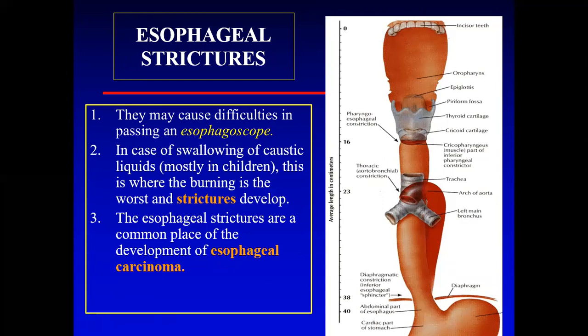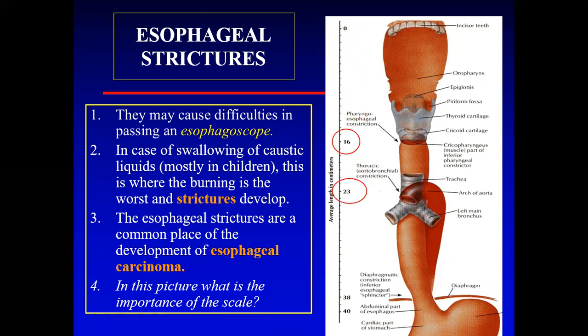That's why it is a sunnah to sit and drink water, and to drink in 3 sips, not a large volume of water at a time, so that there is not a severe effect on these constrictions. So that's why it is a sunnah to drink in 3 sips, slowly, with patience. Because whenever we drink water, it leads to a lot of wear and tear at these structures, and it leads to development of esophageal carcinoma.